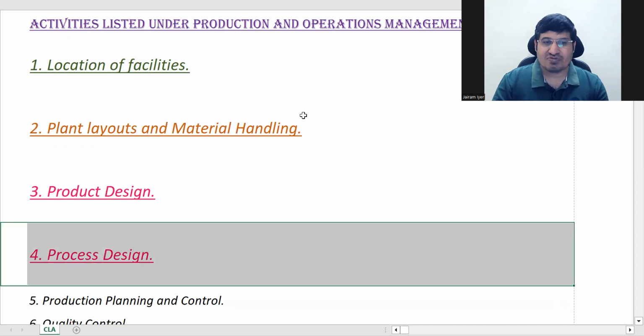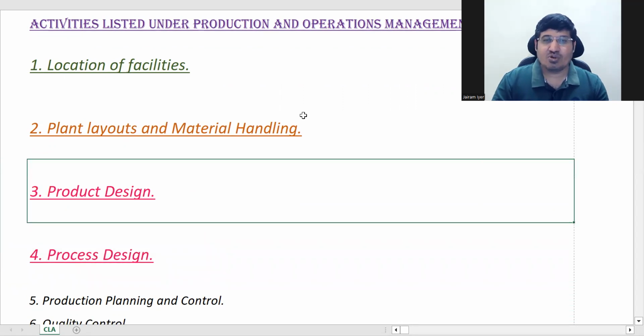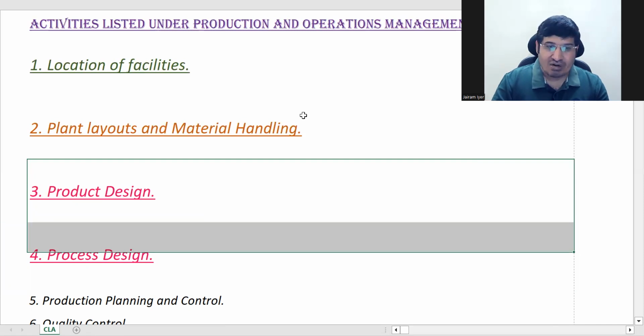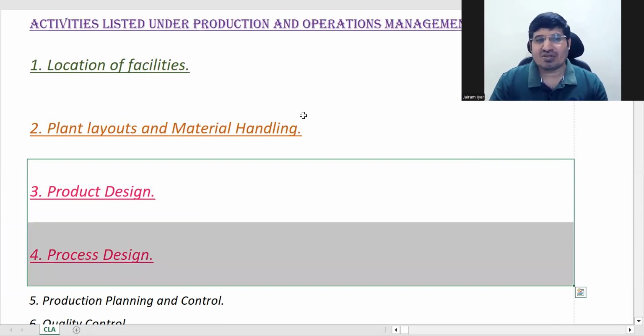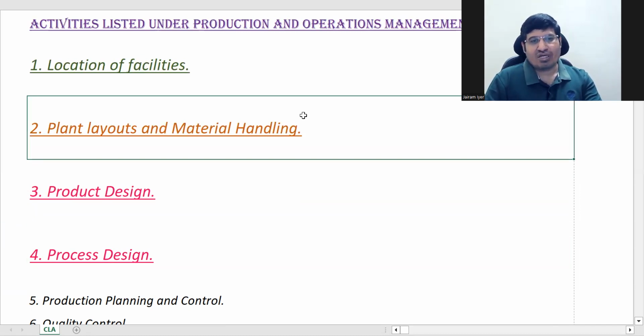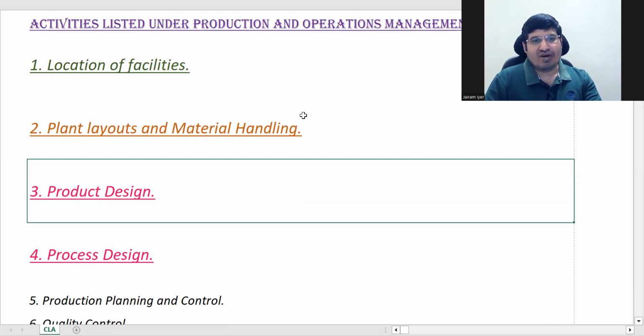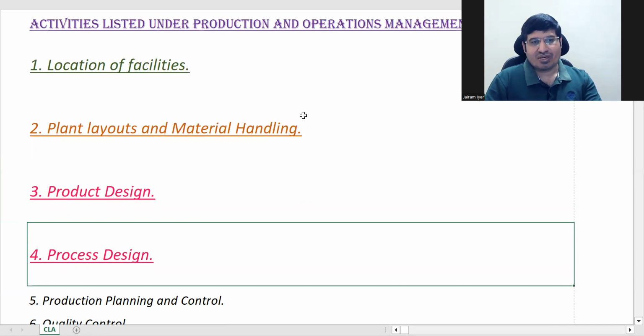If you design the process first, then when you finalize the product, it might not be compatible with the process. That's why this is the order: product design, process design. And this number 4 is actually after number 2. After plant layout, you will go for process design, but you will wait for product design.